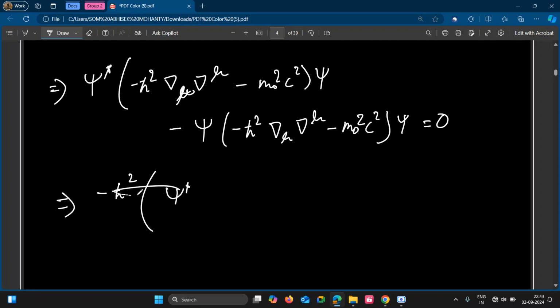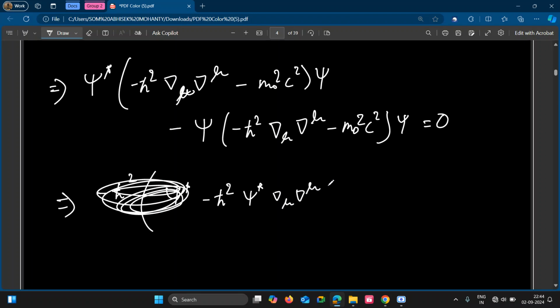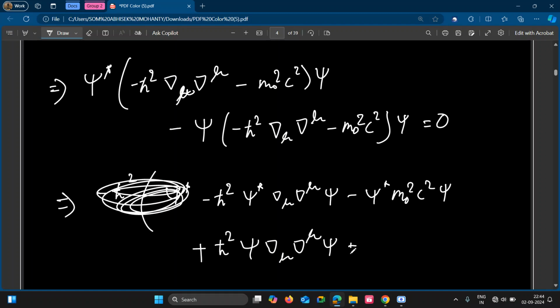Let's completely expand this. Minus h cut square psi star del mu del mu psi minus psi star m naught square c square psi, plus h cut square psi del mu del mu psi star plus psi m naught square c square psi star.